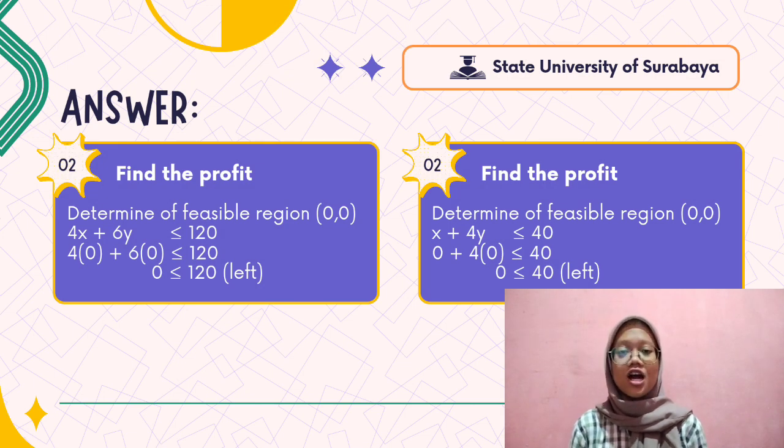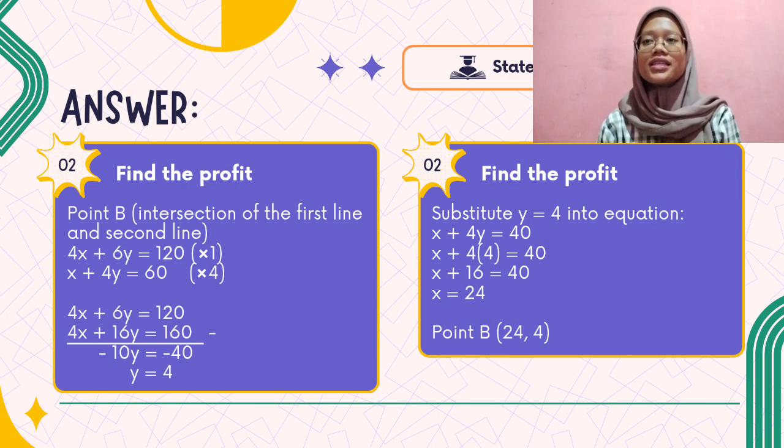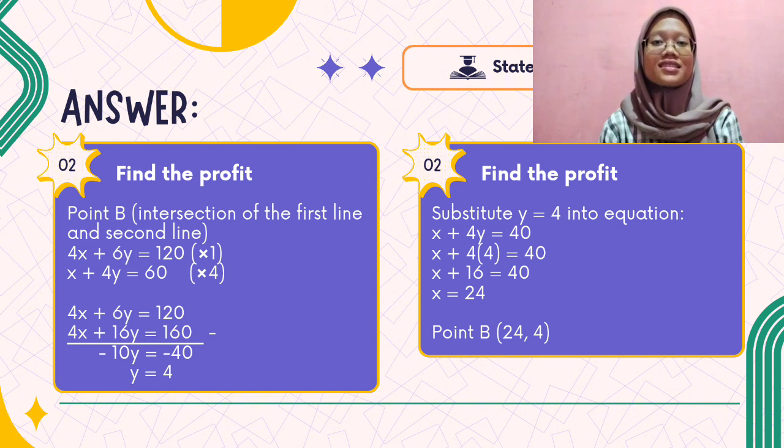And then determine the feasible region, which includes 0, 0. And this is the graphic image of the two lines. The point B is the intersection of the first line and the second line, and the coordinates of point B are 24, 4.